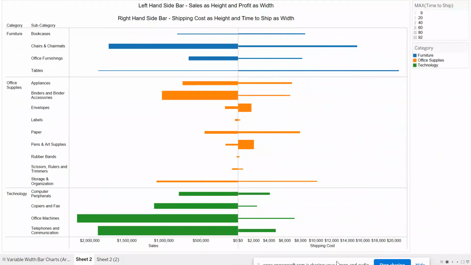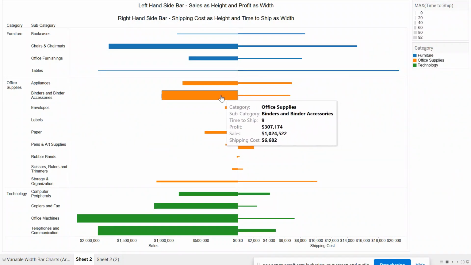And if you see the chart here, let me hover. Let's say this is the Office Supplies category, and here is the subcategory of binders and binder accessories. You can see the four measures: the sales, the profit, the shipping cost, and the time to ship.